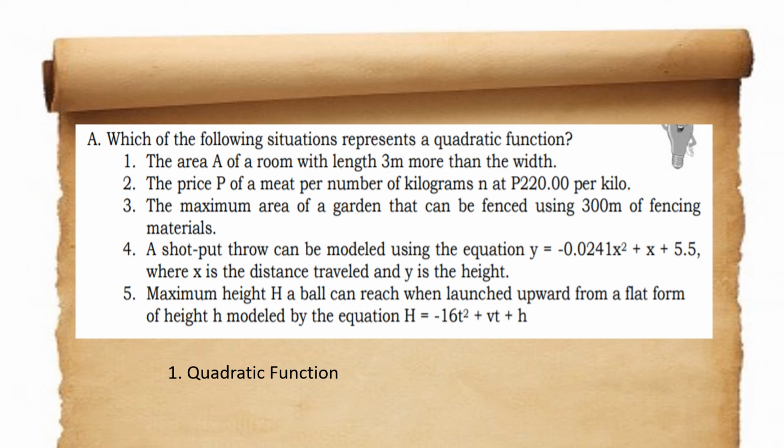Kung 3 kilo ang bibilin mo, so 220 N, yung N papalitan mo ng 3, so 220 times 3, so you have 660. So, this is just a linear function lang po siya. First degree lang yung N mo eh. Ang equation mo dito ulitin ko po yung equation, P is equal to 220 N, letter N. Wala siyang N squared. So, kung first degree lang, this is just a linear. So, number 2, it's not a quadratic function.